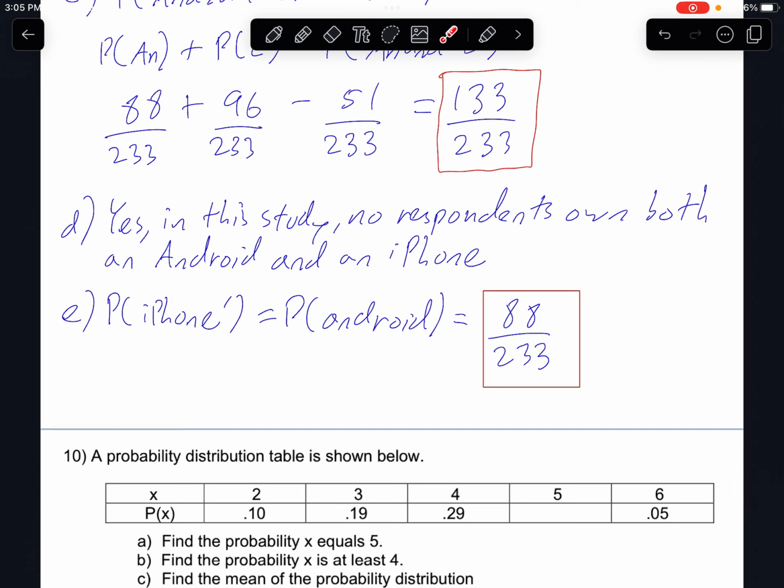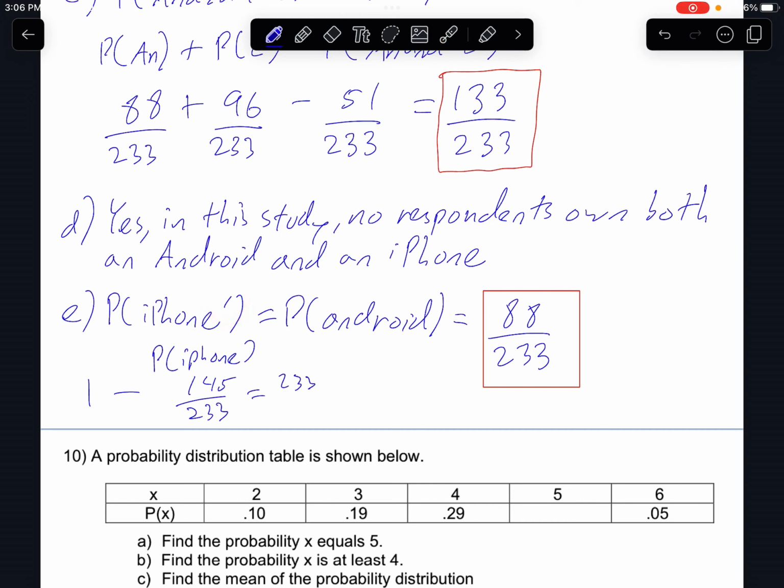So if we take 145 over 233, let me actually write this out for you to see. If we take the probability that someone owns an iPhone, that's going to be 145 over 233. If we subtract this from 1, then that will get us the probability that this event does not happen, and that is exactly what is being asked for us with this notation.